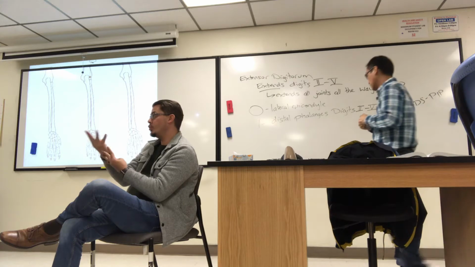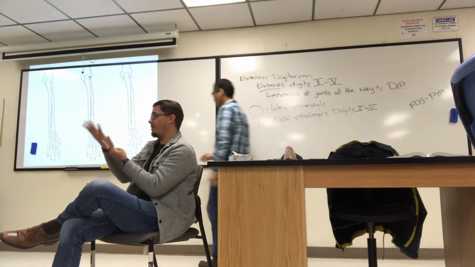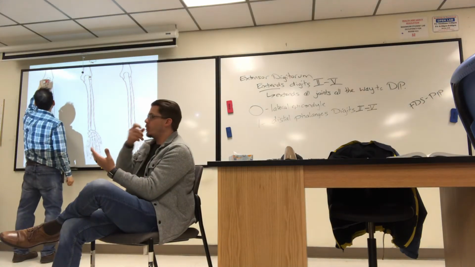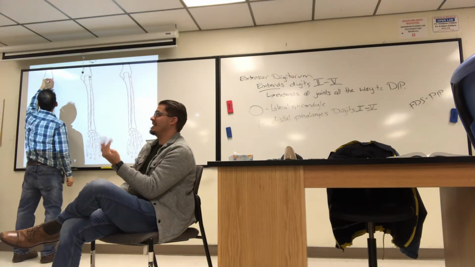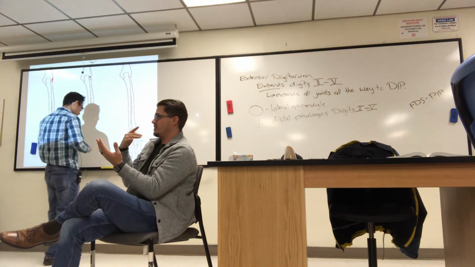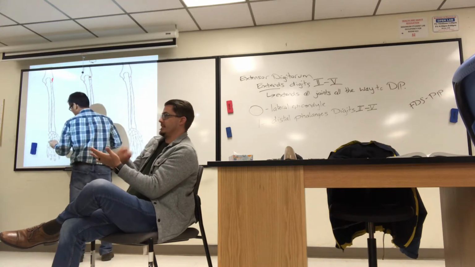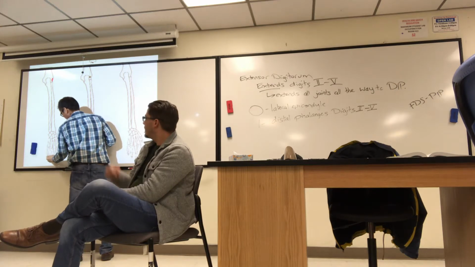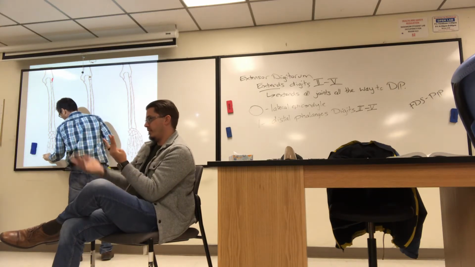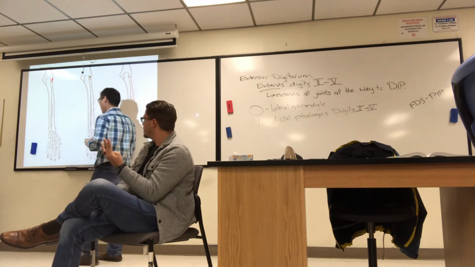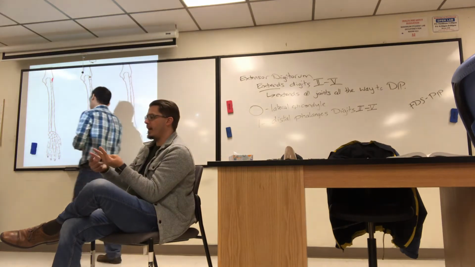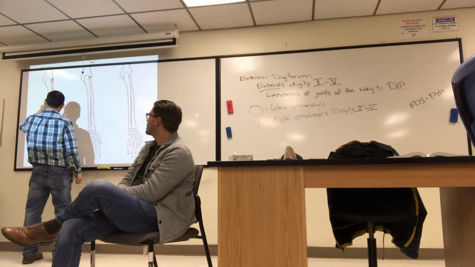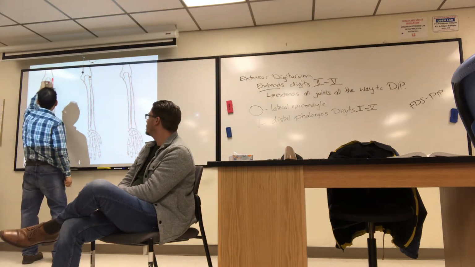All right, so originates up here, and it's going to insert way down here on the distal phalanges. Here's 2, here's 3, 4, here's 5. So we go all the way down there. The muscle is kind of a broad muscle.